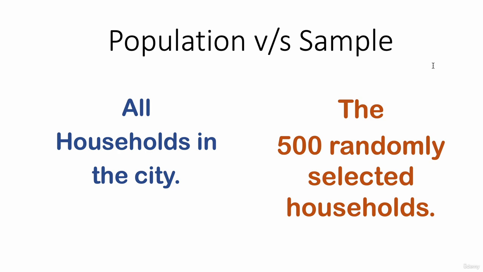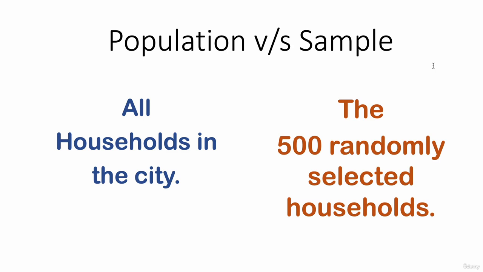Every household, from the smallest apartment to the largest mansion, is part of this population. However, since it might be impractical and time consuming to collect income data from every single household in the city, you decide to take a sample. You randomly select 500 households from different neighborhoods and income brackets. This subset of 500 households represents your sample.